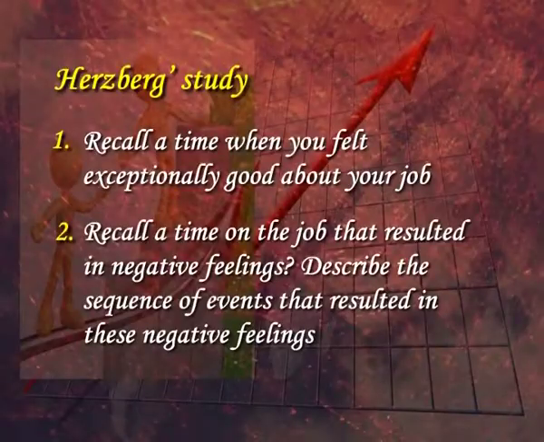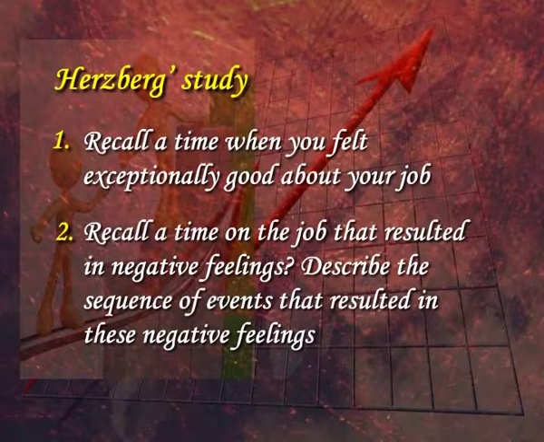Did this feeling have an impact on your personal relationships or your well-being? Second question, recall a time on the job that resulted in negative feelings. Describe the sequence of events that resulted in these negative feelings.